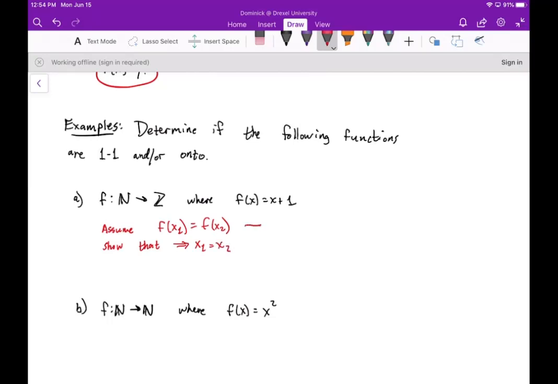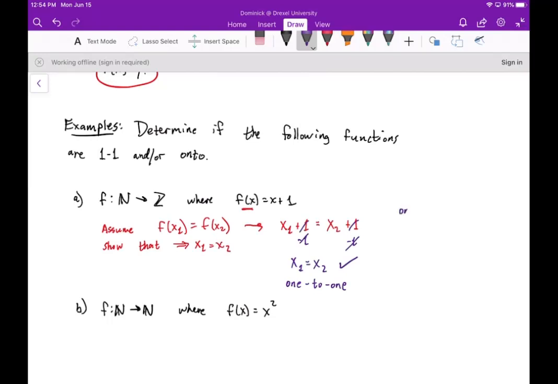Well, let's do it. If we have f of x1 equal to f of x2, then that means that x1 plus 1, because that's what my f is, is equal to x2 plus 1. Well, then if we subtract 1 from both sides, they both cancel out, and we get that x1 is equal to x2, right? So since that happens, this is one-to-one. Okay, so that's how we can show that it's one-to-one.